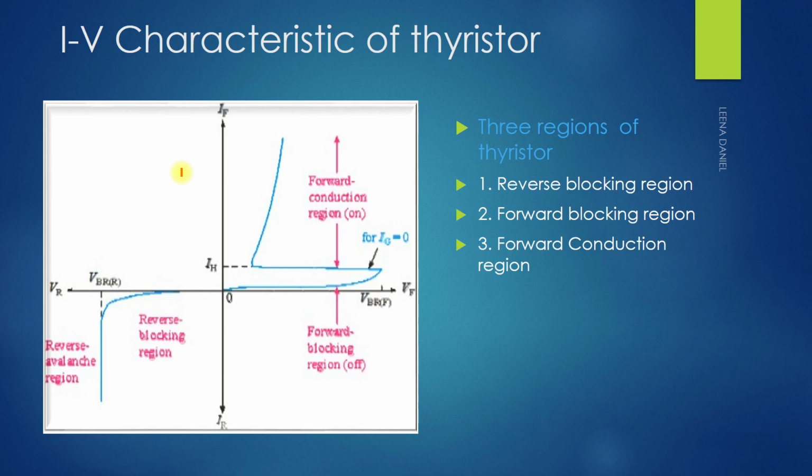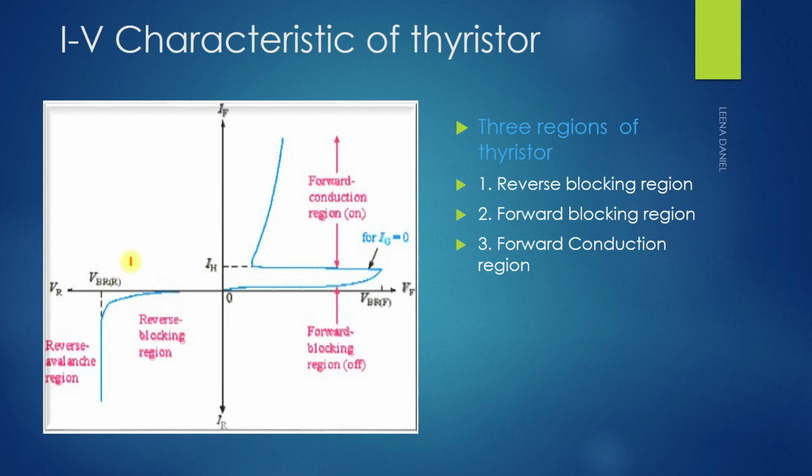Now see what the reverse blocking region is. When we connect the thyristor in reverse bias, which means we connect the P terminal to the negative terminal of the battery and the N side to the positive terminal of the battery. So this is the reverse bias as we studied in the earlier classes.